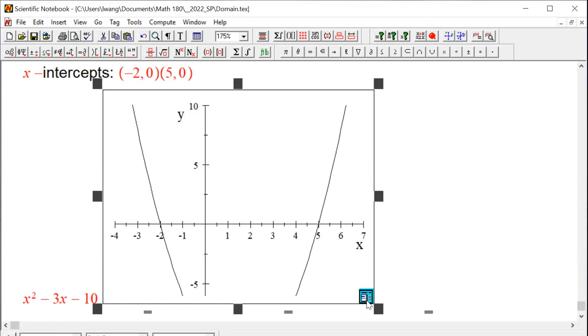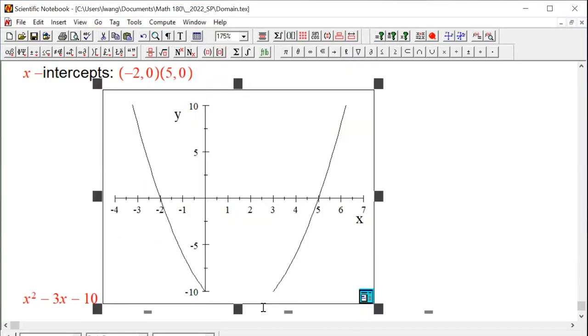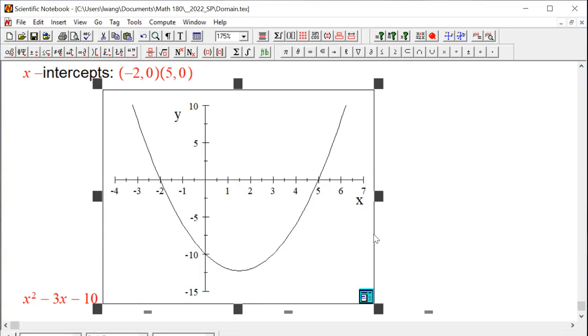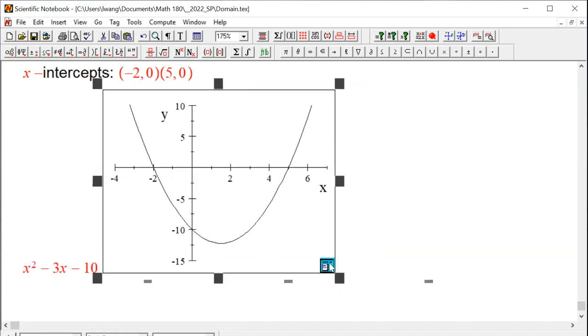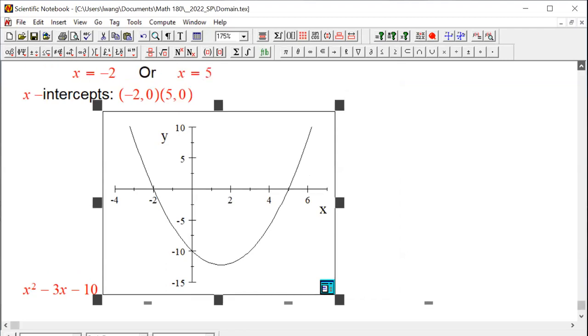This picture is not quite complete, and I can adjust it if I wish. But you don't have to see the vertex because you already see this is a positive piece, this is a positive piece. To get that perfect picture, you have to do some more adjustment. It doesn't have to be perfect. You just have to identify the positive piece and the negative piece.